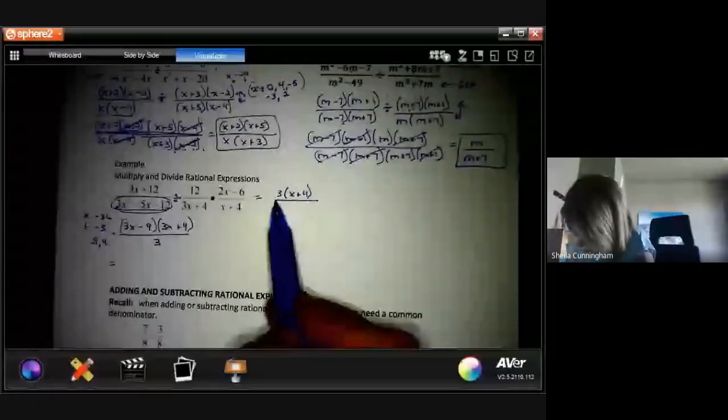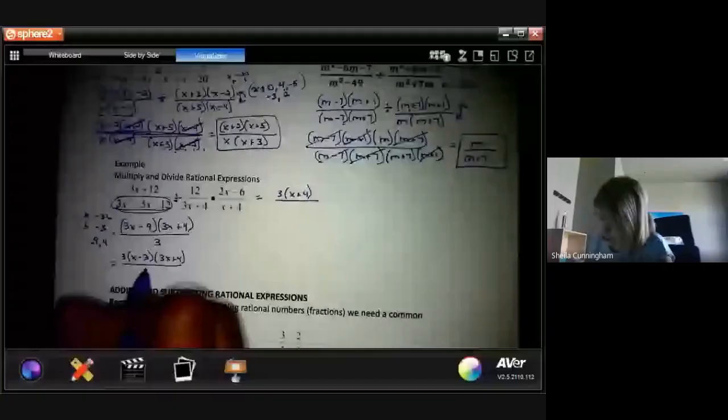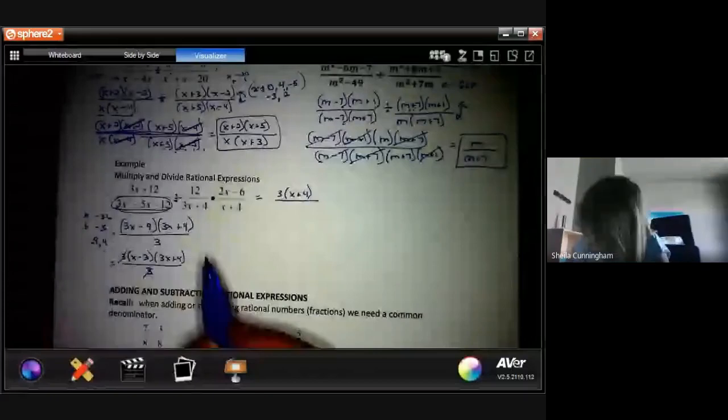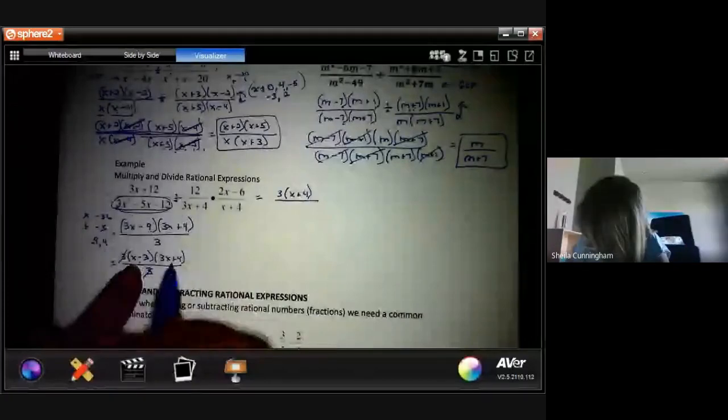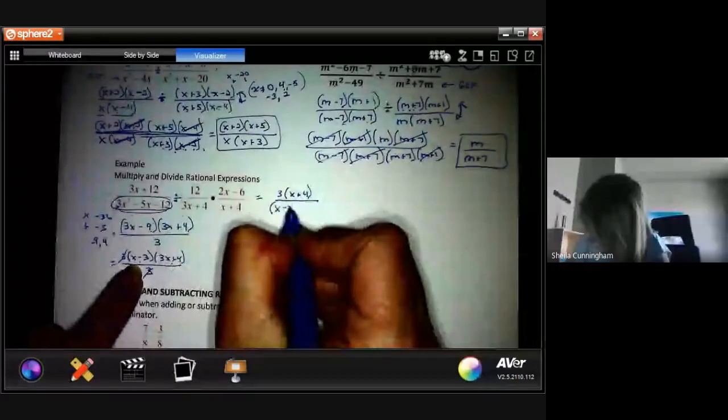I'm going to take a 3 out of the first binomial. Nothing can come out of the second binomial, and I'm over 3. So now my 3s cancel out, and my two binomials are going to be x minus 3 and 3x plus 4.